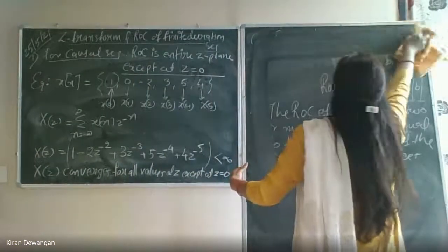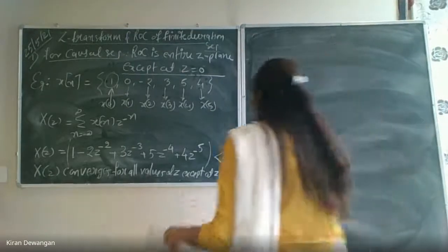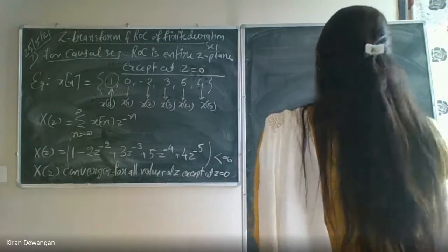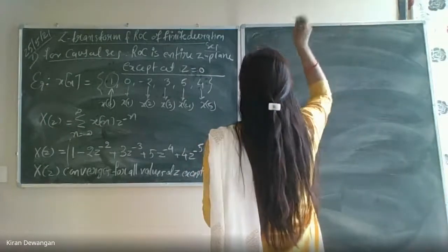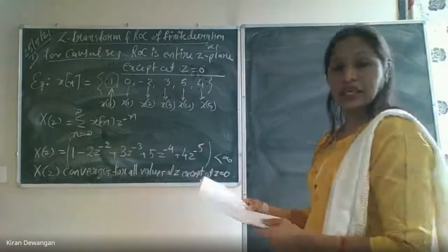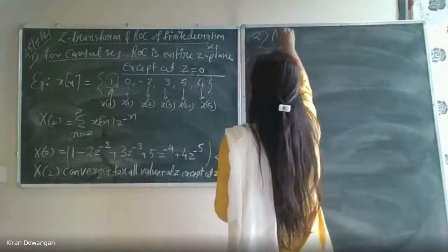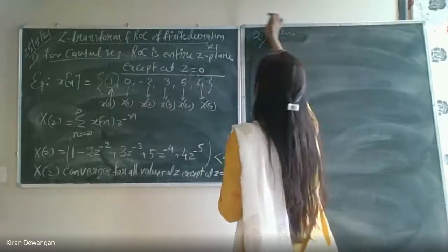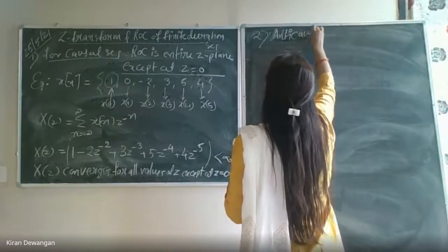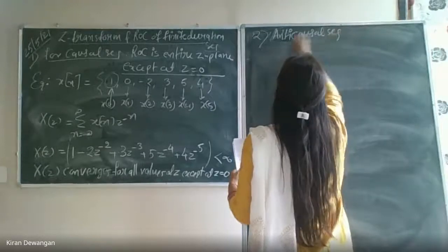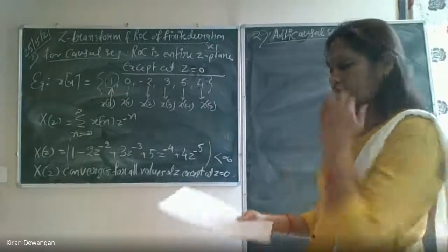Now let's see the another finite duration sequence. The another finite duration sequence is for the non-causal sequence. ठीक है, अगर हम non-causal लेते हैं, if it is a left-handed or the non-causal sequence, anti-causal. Anti-causal sequence, that is which exists only for negative values of n.